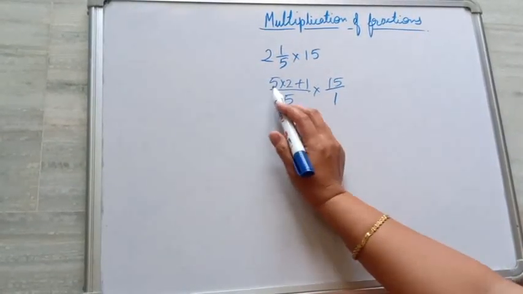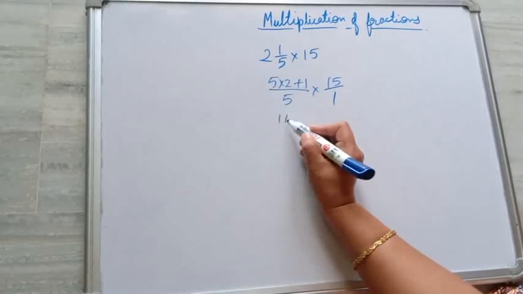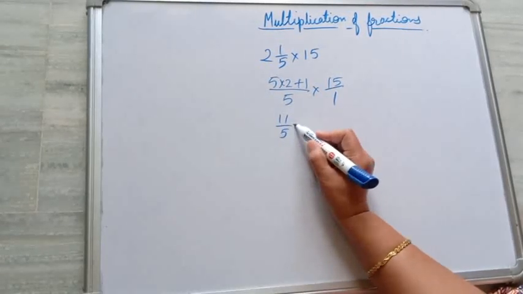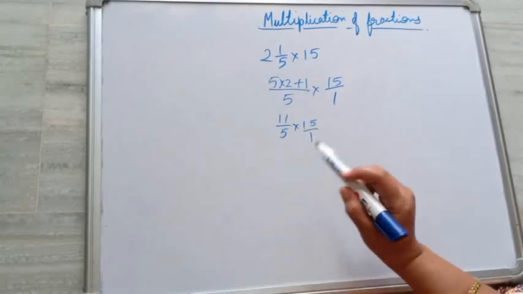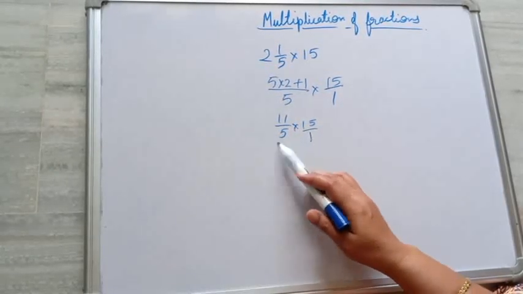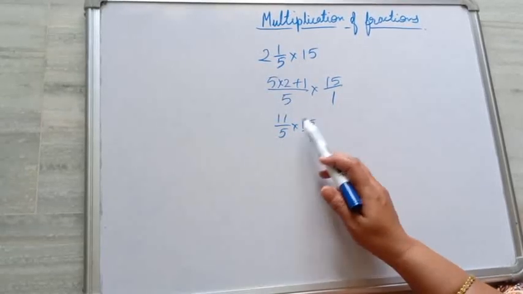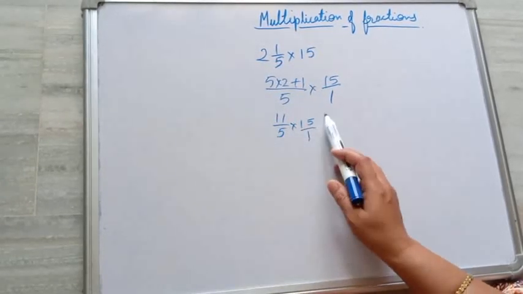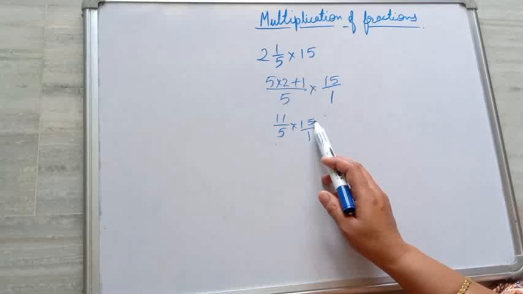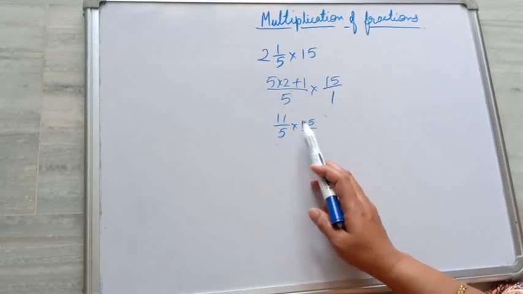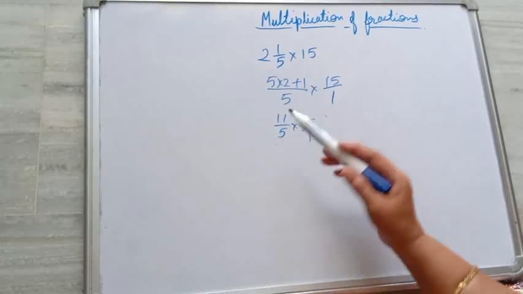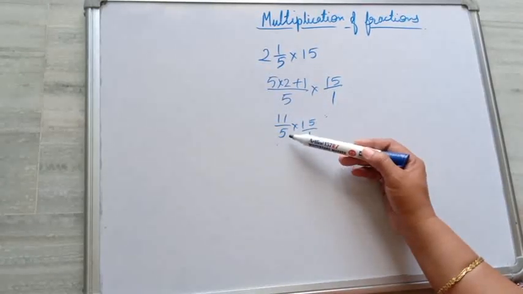So 5 2s are 10, 10 plus 1 is 11, 11 upon 5 multiplied by 15 upon 1. In multiplication you can cross out like this. 5 and 15 can be divided if they are divisible.